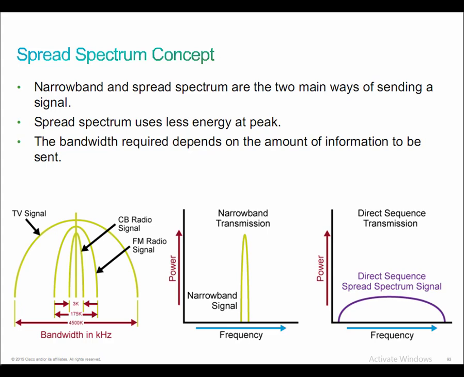FHSS being that initial one, that frequency hopping spread spectrum technique. We also have DSSS, which is called direct sequence spread spectrum. This was the spread spectrum technology that was used by 802.11b Wi-Fi. And then we moved on to orthogonal frequency division multiplexing. We'll talk about that one a little bit later on.